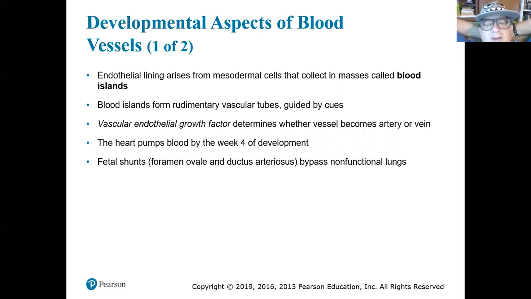The other one, the ductus arteriosus, same function, bypassing the non-functional lungs, but it does it differently. The process begins with blood entering the heart, through the tricuspid valve to the right ventricle, the pulmonary semilunar valve, pulmonary trunk, and then we're going to send the blood through this ductus arteriosus into the aorta and send it through the body.